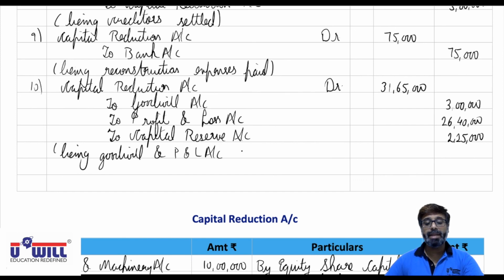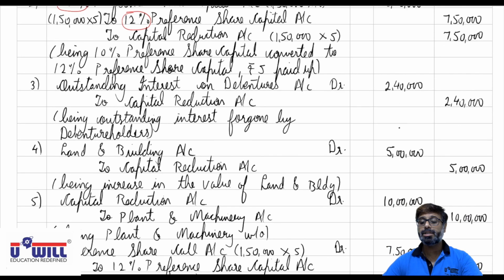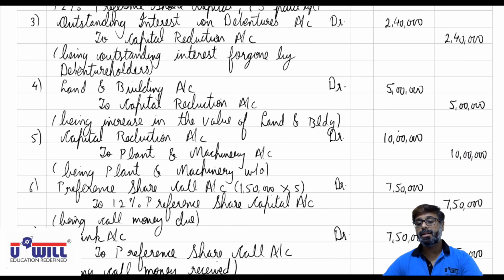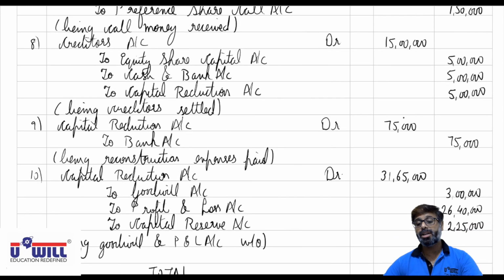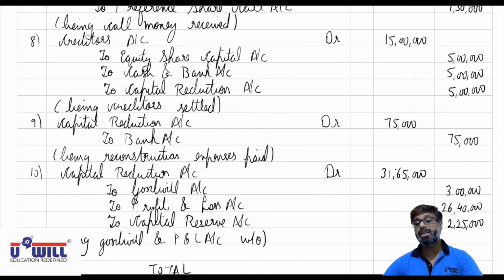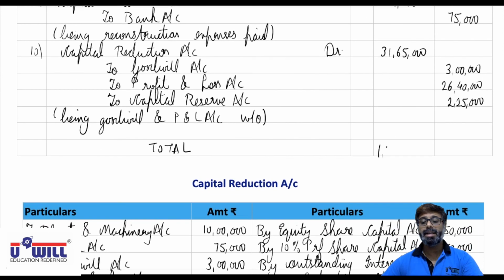Now the final total is to be done: 45, 60, 62, 67, 87, 77, 40 plus 15, 87, 92, 40, 107, 40, 107 plus 31, 138, 139, 80. 1 crore 39 lakh 80,000.